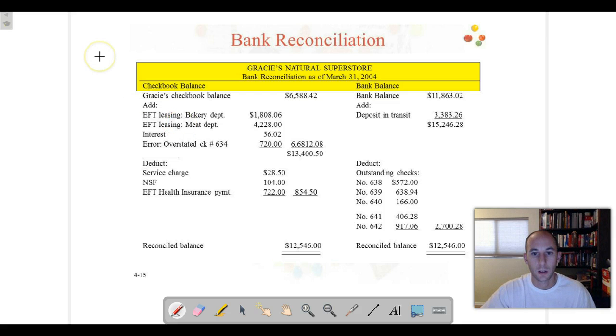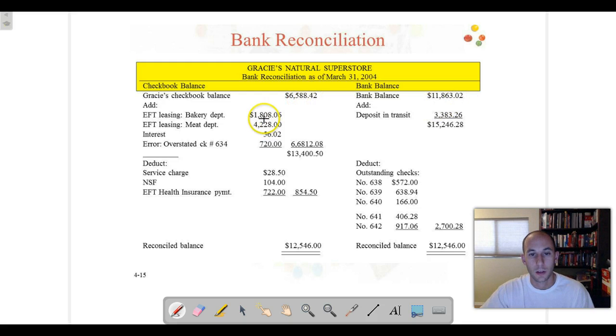So here's a completed bank reconciliation, and things that you need to note are who it's for up top here, Gracie's Natural Store, the date it was done, and what the checkbook balance was at the beginning of the month. Here's the bank's balance at the beginning of the month. Oh no, I'm sorry, this is at the end of the month. This is the balance as of March 31st.